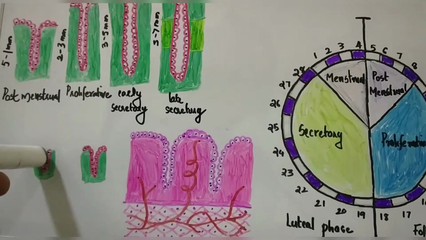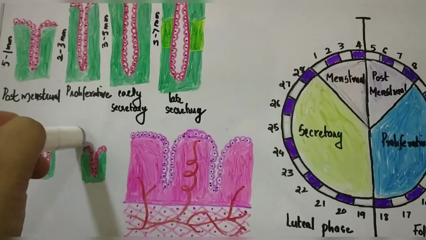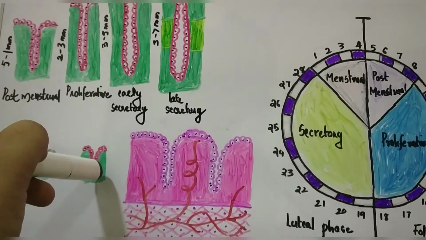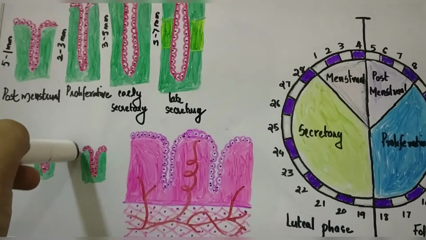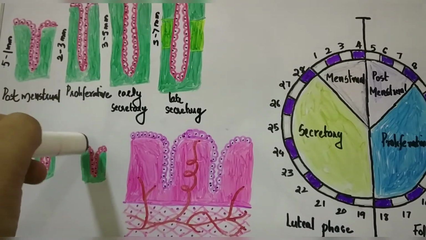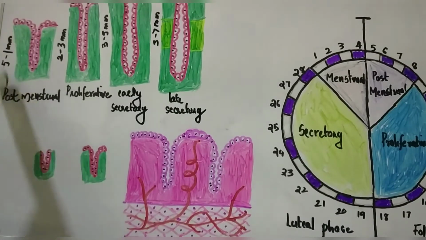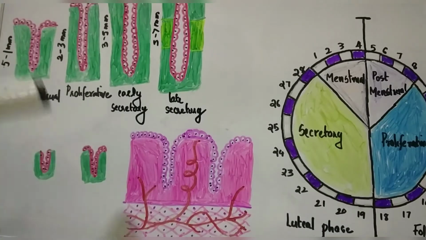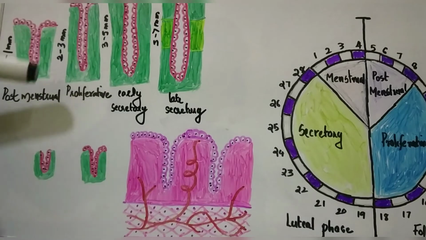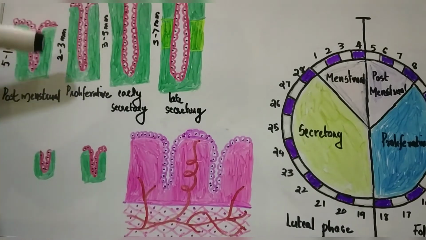The upper portion is immediately lined by epithelial cells, and the thickness is reduced, that is after the shedding of the endometrium, the thickness is reduced to only 0.5 to 1 mm. The cells are compactly arranged and uniformly distributed.